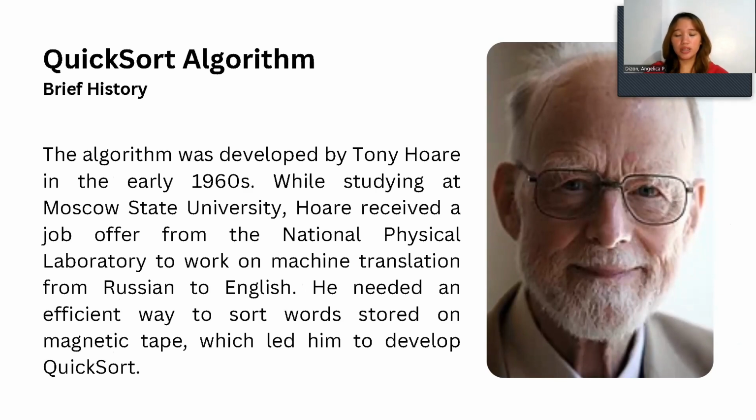Initially, Hoare struggled to implement the algorithm using the Mercury autocode language. However, after attending an Algol 60 class, which supported recursion, he successfully programmed Quicksort. His paper on Quicksort was published in 1961, followed by another in 1962, significantly impacting computer science.